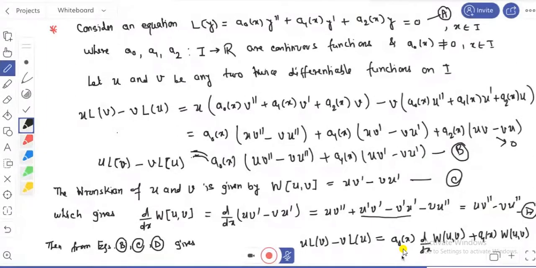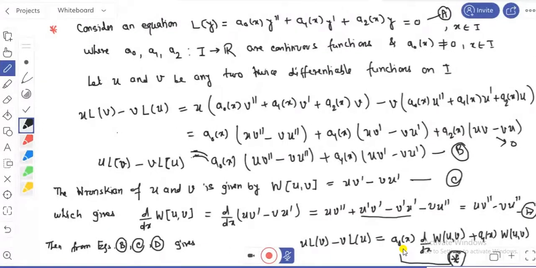Here this is your main relation, an important relation, and we call this equation number star. So here you can find u Lv minus v Lu, and this equals this thing.